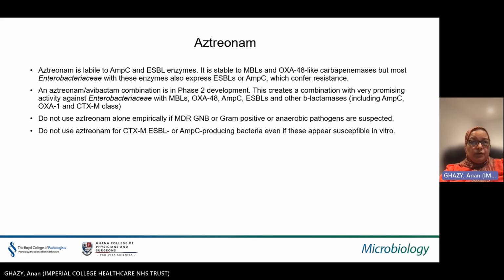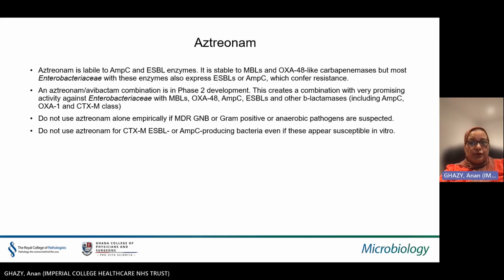Aztreonam is labile to AmpC and ESBL enzymes. It is stable to metallo-beta-lactamases and OXA-48-like carbapenemase, but most Enterobacteriaceae with these enzymes are expressing ESBL or AmpC, which confer resistance. And the aztreonam-avibactam combination is in phase 2 development.